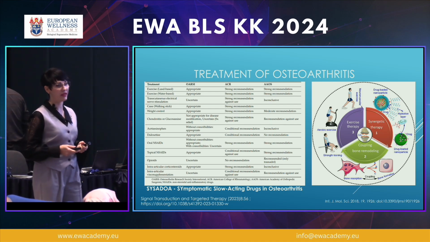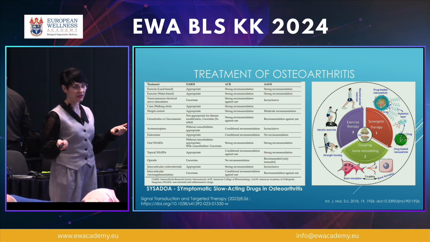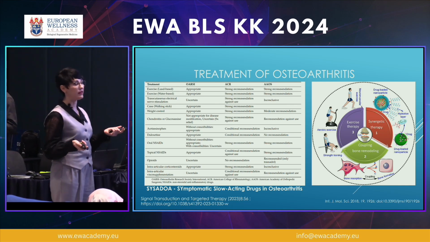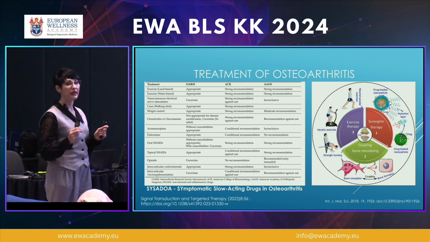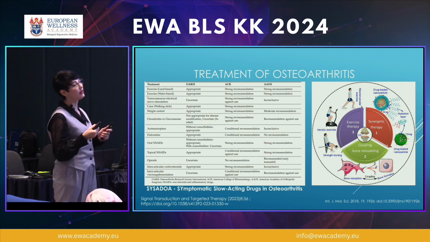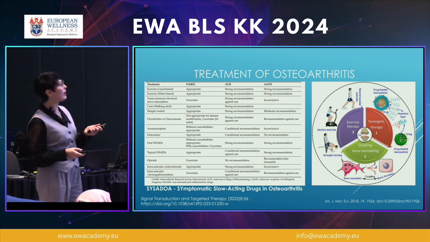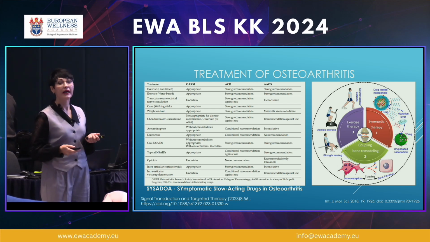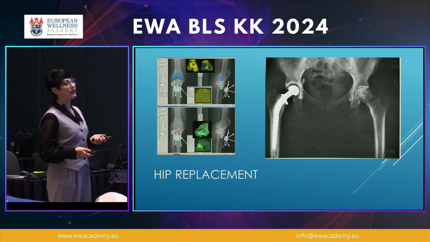It is contraindicated to use corticosteroid injection if synovitis is absent in dry arthritis, because this method can cause no improvement, and further it can even more severely affect the synovium. I also need to emphasize: no symptomatic slow-acting drugs of osteoarthritis, or SYSADOA, the name for chondroprotectors, have shown improvement in clinical research. So the next stage is hip replacement, right?